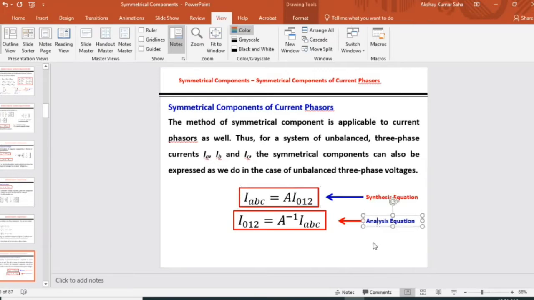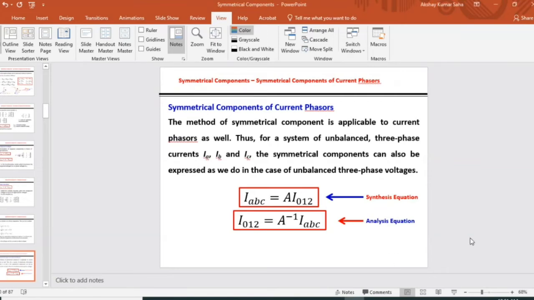Similarly, in the analysis equation, the zero sequence, positive sequence, and negative sequence currents can be expressed in terms of the transformation matrix and the actual phase currents. Again, these phase currents may be balanced or unbalanced, doesn't matter. Fortescue's theorem is so good, it can encompass all balanced and unbalanced conditions and sets of voltages and currents.